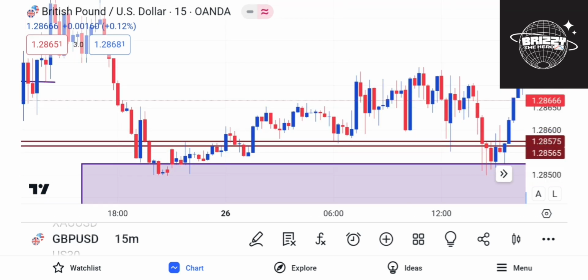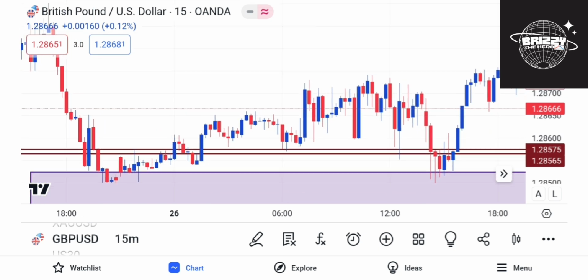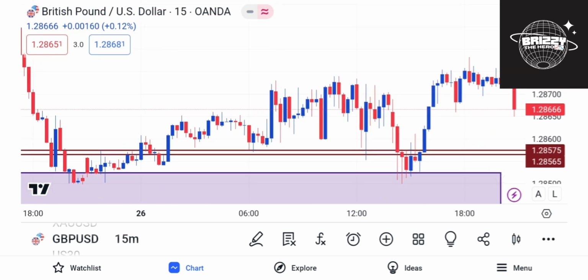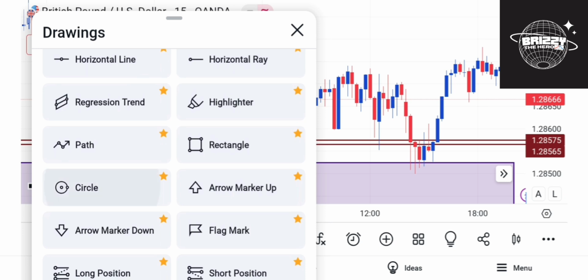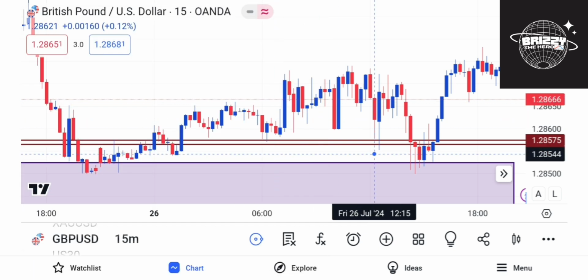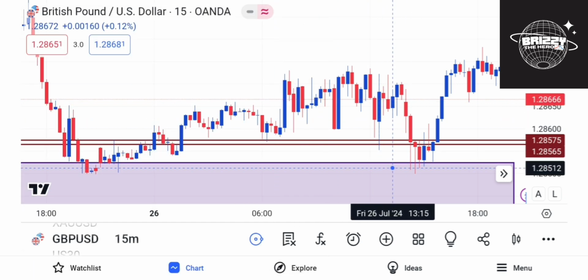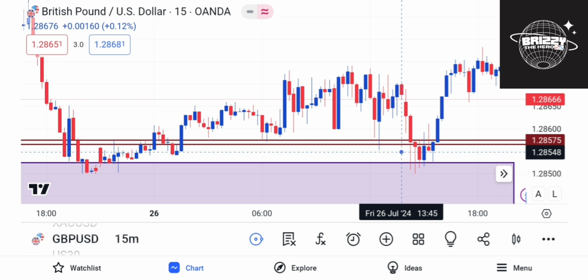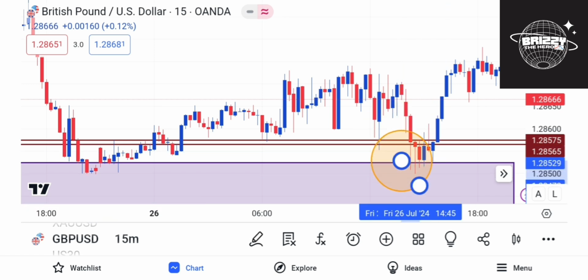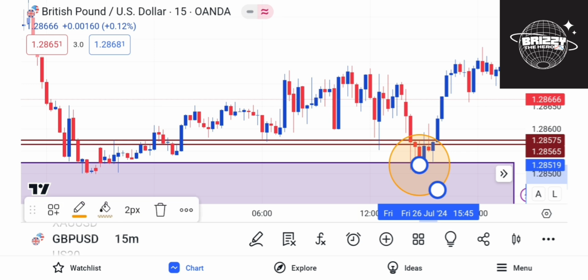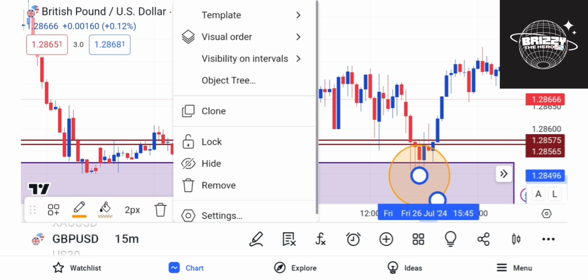The same rejections that we're talking about are the same rejections we have right here. For example, let me mark those lower lows or those double bottoms I'm talking about. I just want to adjust my circle. Yep, this is what I'm talking about, right?